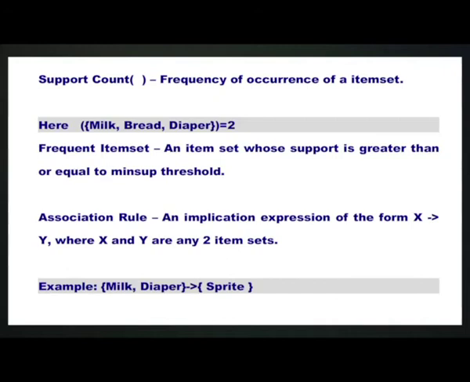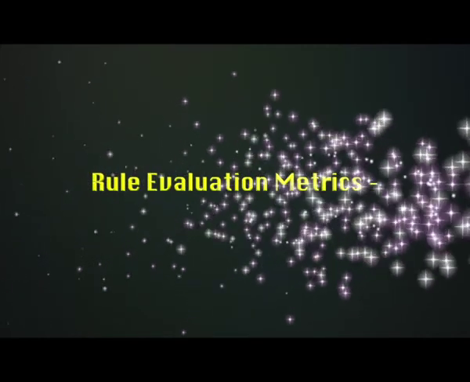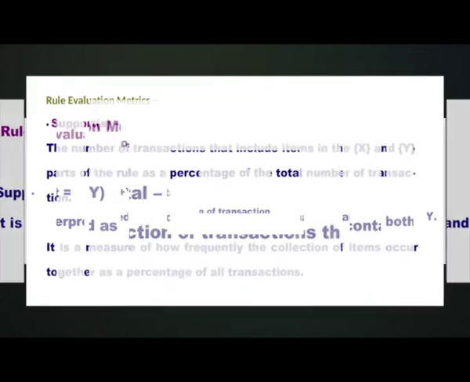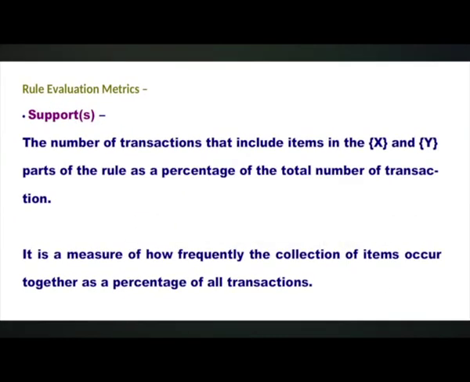An association rule is an implication expression of the form X implies Y, where X and Y are any two item sets. For example, milk, diaper implies the purchase of soft drink. What is meant by rule evaluation metrics? There are a few rule evaluation metrics which are used to analyze the performance of association rule mining. The first one is support.